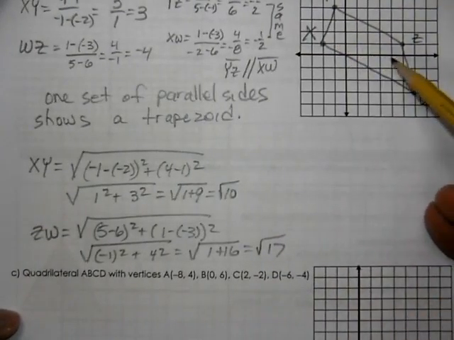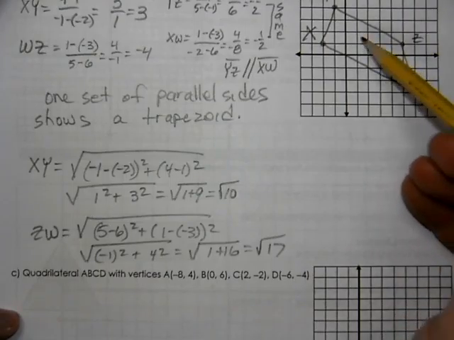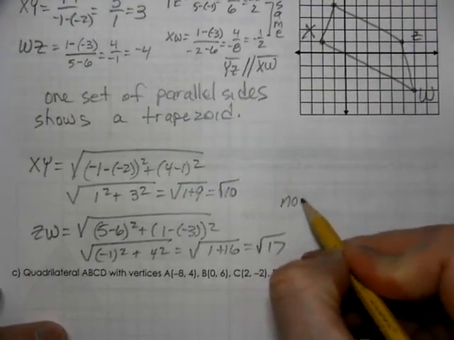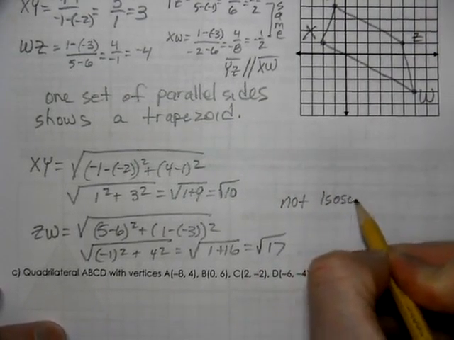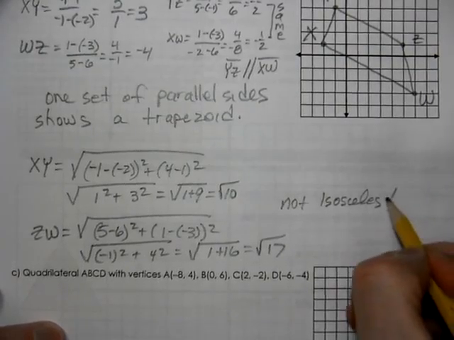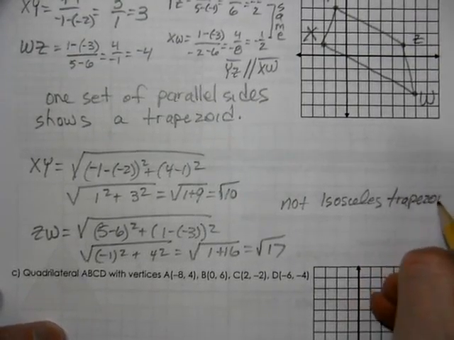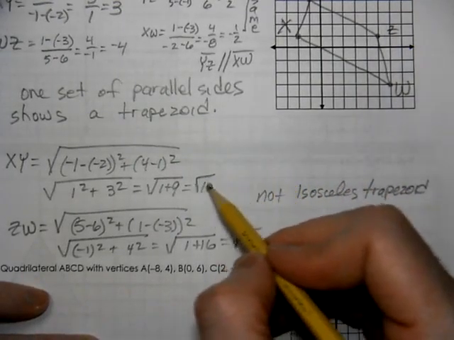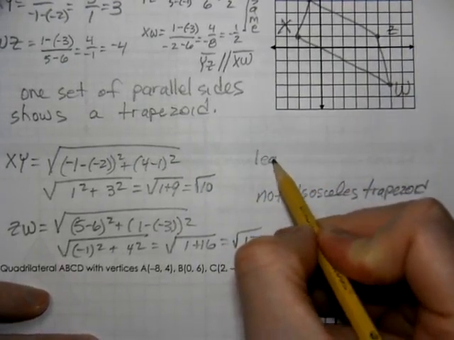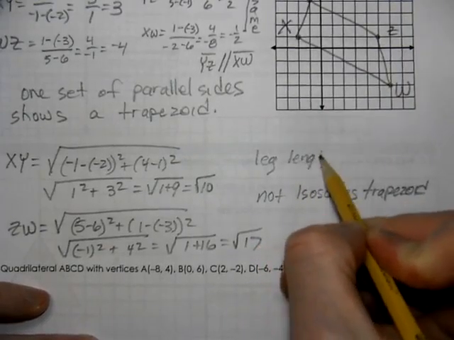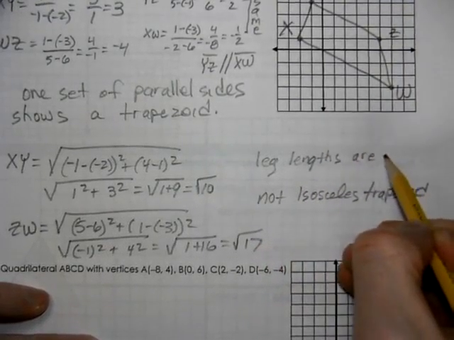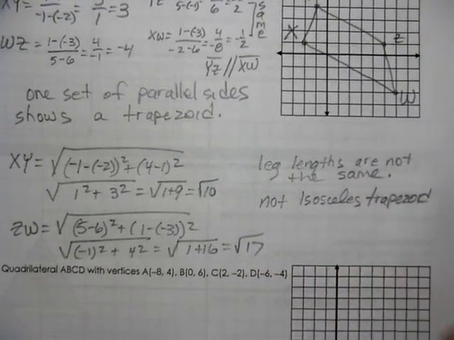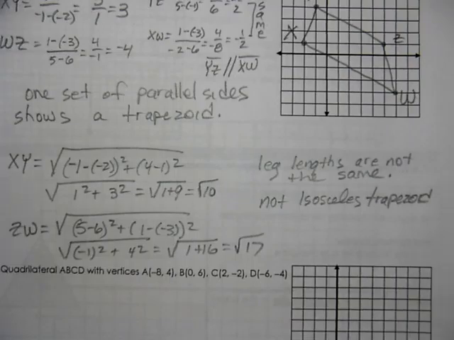So this is not an isosceles trapezoid. Leg lengths are not the same. So not an isosceles trapezoid.